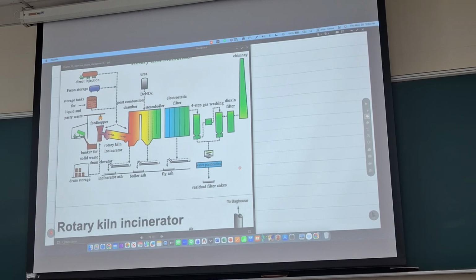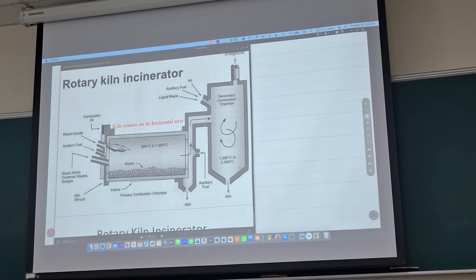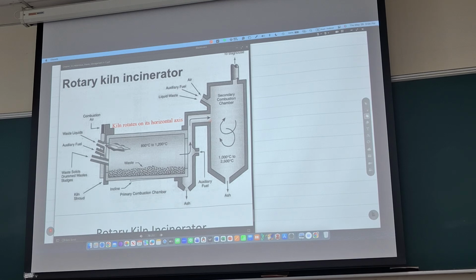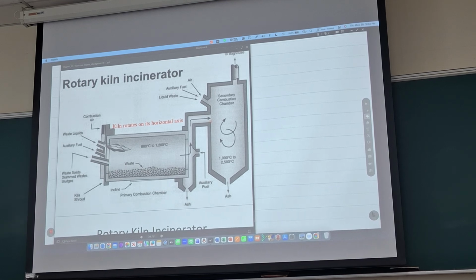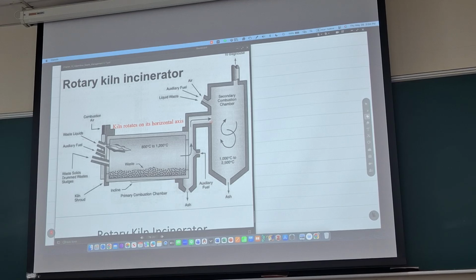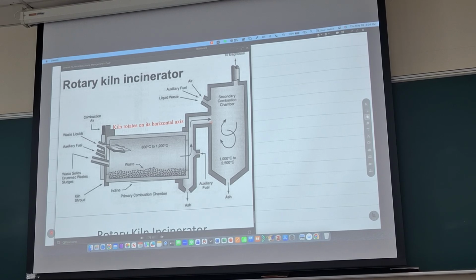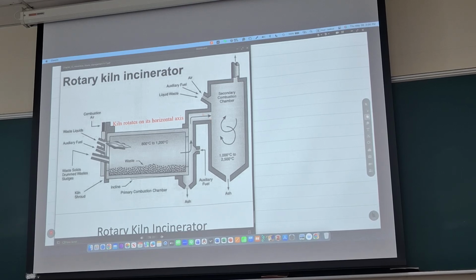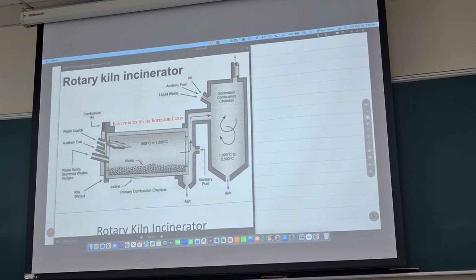So this is the diagram for the rotary kiln incinerator.